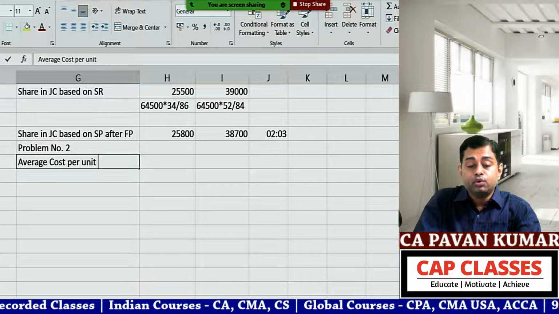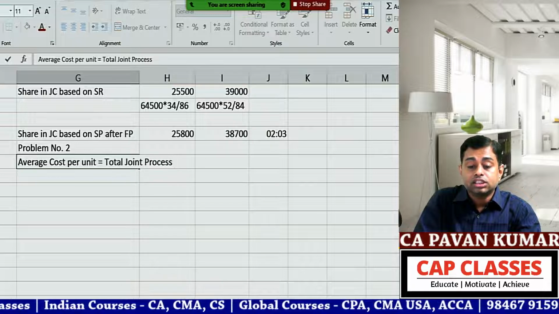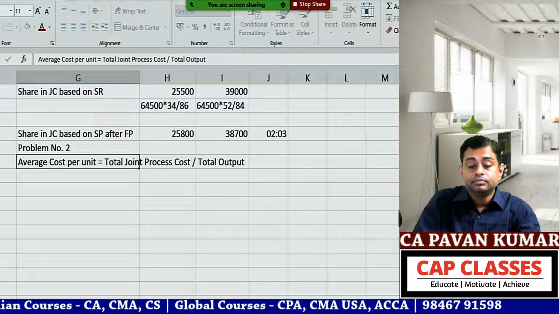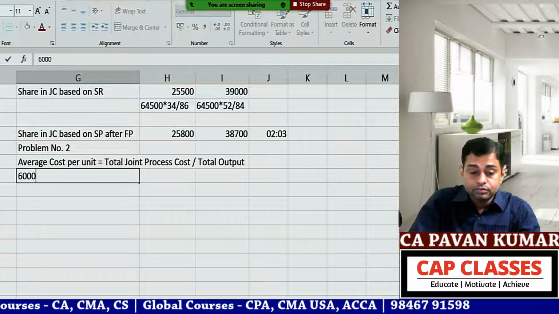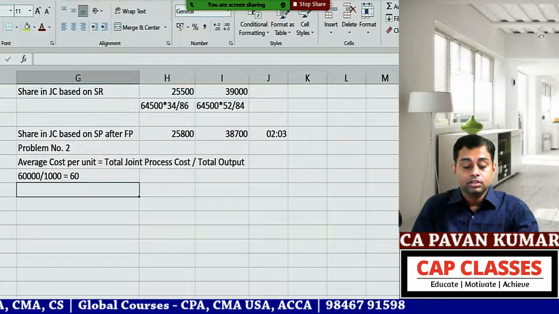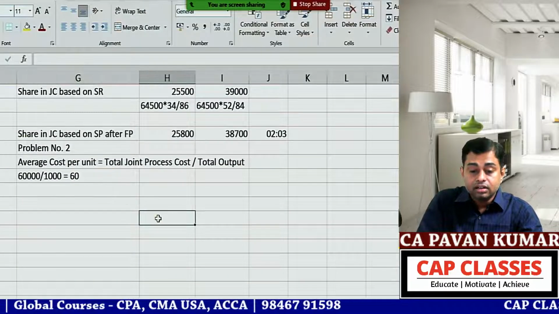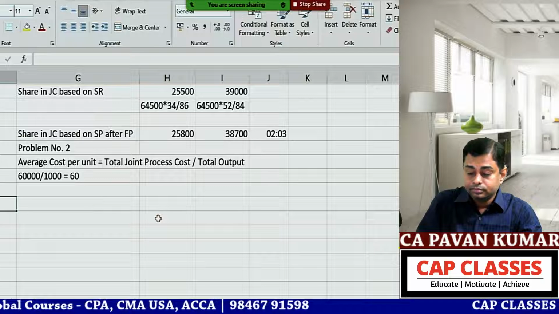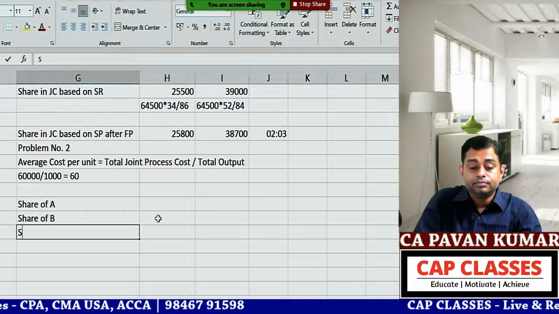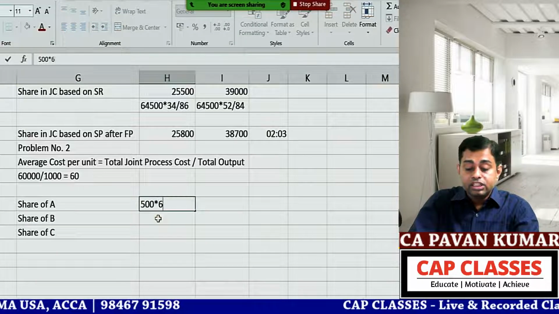Average cost per unit is equal to total joint process cost divided by total output. That is equal to 60,000 divided by 1,000, that is equal to 60 rupees. Now you know that A, B, C is 500, 200, 300. Share of A, share of B, share of C. So share of A is 500 units into 60 rupees.